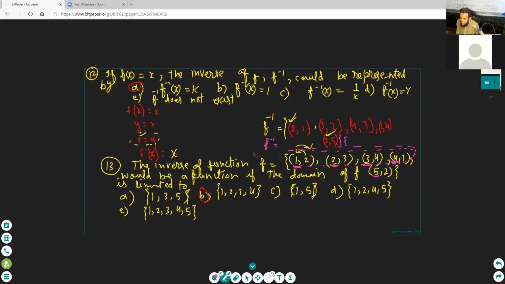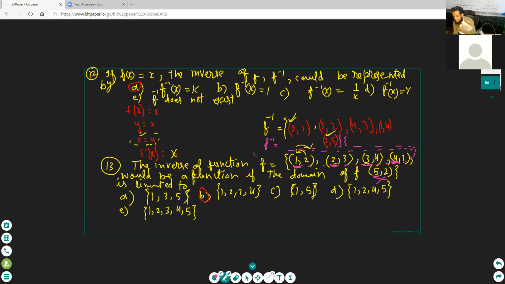But the question arises: what will be the limitation of the domain? We want to limit the domain in order to get the inverse of the function to be a function. If we are not taking 5, then this ordered pair is removed.